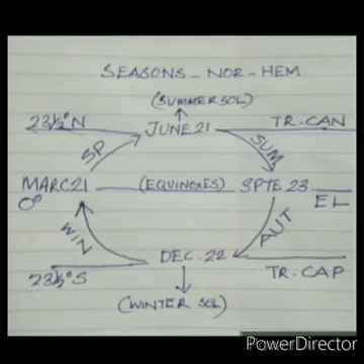From June 21st to September 23rd, Northern Hemisphere experiences summer, which means Southern Hemisphere experiences winter, that is given opposite in the chart.